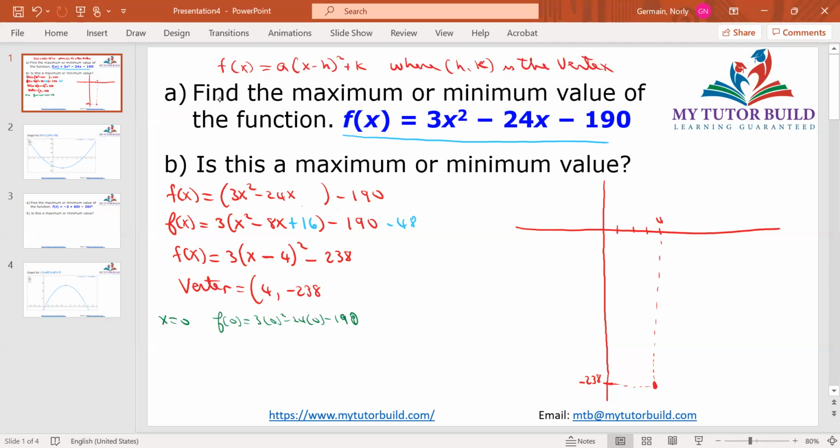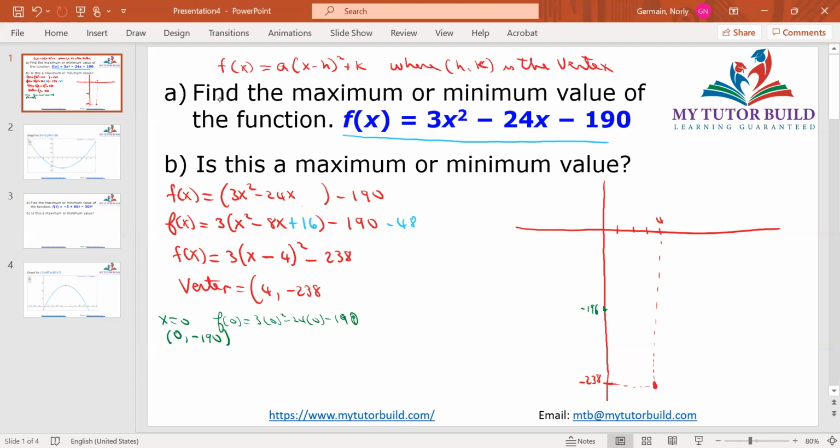So the y-intercept would be 0, negative 190. So somewhere here, let's say negative 190 falls somewhere here. We know our graph would cut somewhere here. That's a supposition. Remember, I don't use any ruler to make sure I take the right measurement.